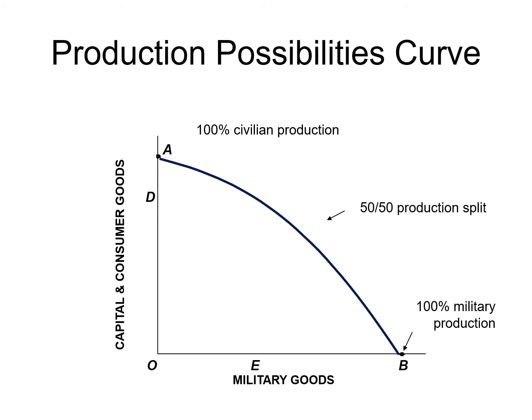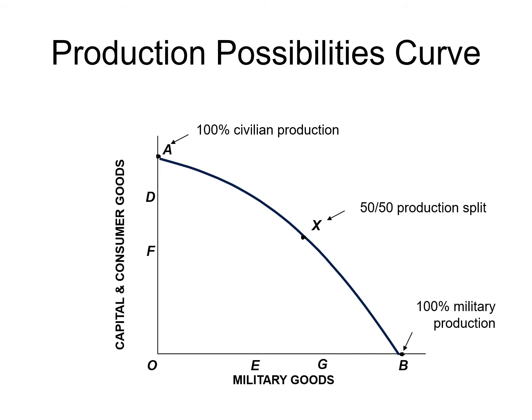We would not want to choose B on the curve because obviously we need food, shelter, clothing, and capital good production. Let's look at what we would refer to as the 50-50 split, point X on the curve. What is happening at point X in terms of allocation of economic resources and therefore production of civilian output versus military goods?